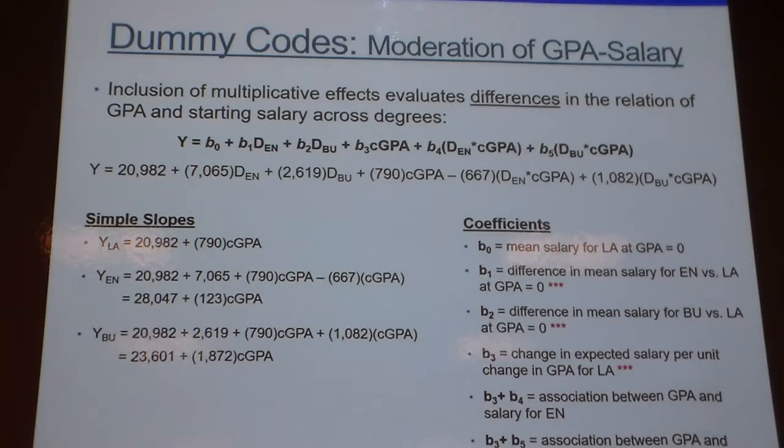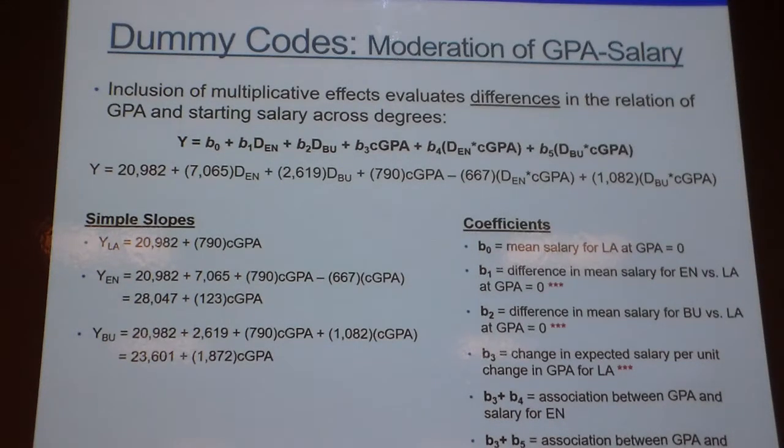B1, this is the difference in mean salary for engineering versus liberal arts with GPA at 0. Same thing, B2, this is a difference in mean salary for business versus liberal arts at GPA held constant at the mean. My coefficient here for GPA is expected change in salary per unit change in GPA for liberal arts, right? Again, if liberal arts is my reference group, this is just the simple slopes here, right?